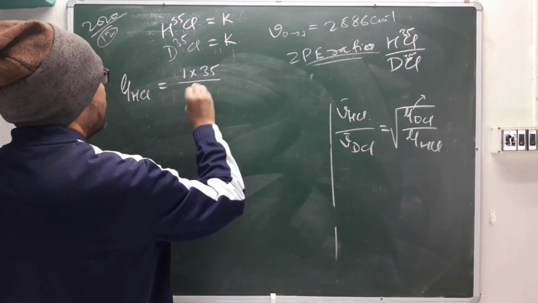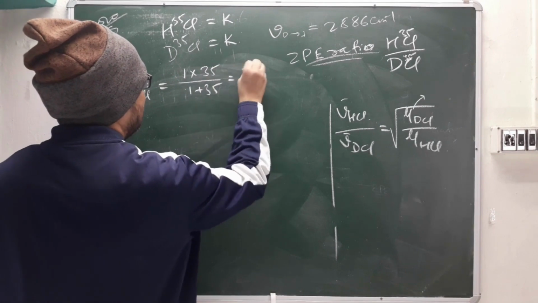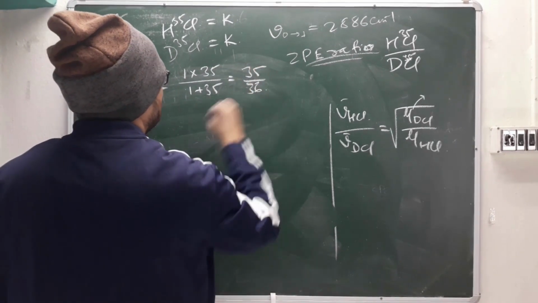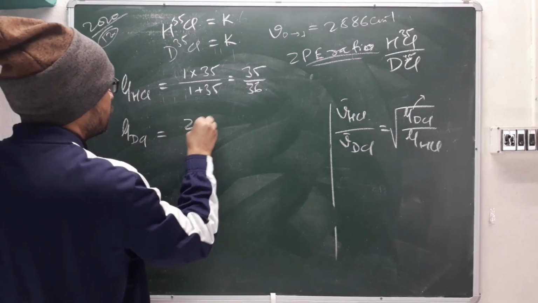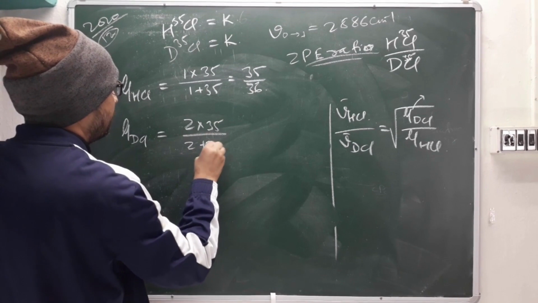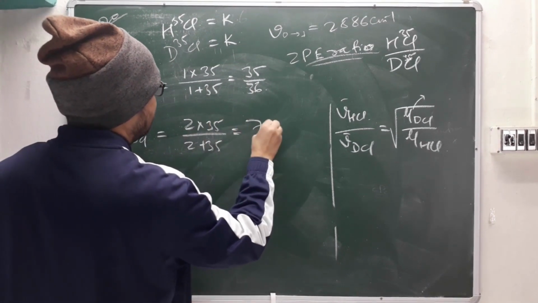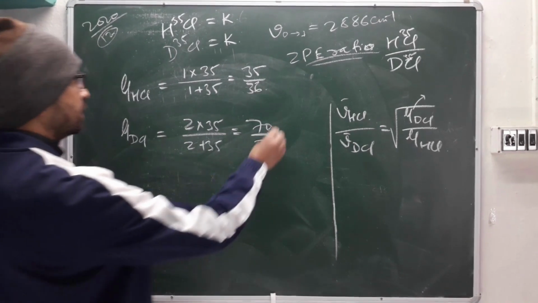So 35 divided by 1 plus 35, which is 35 divided by 36. And mu DCl: 2 into 35, because D is deuterium, divided by 2 plus 35, which is 70/37, correct?